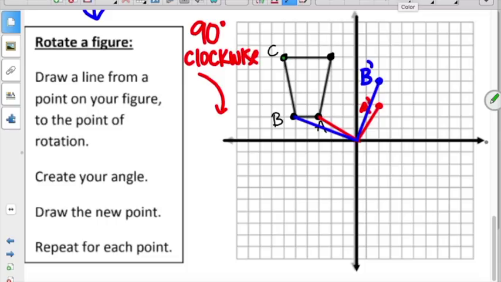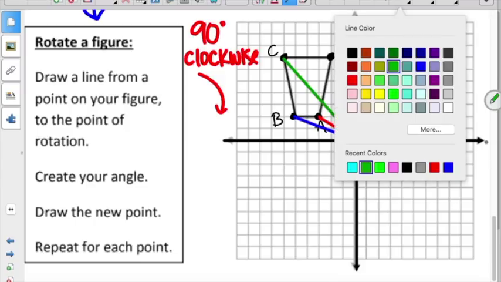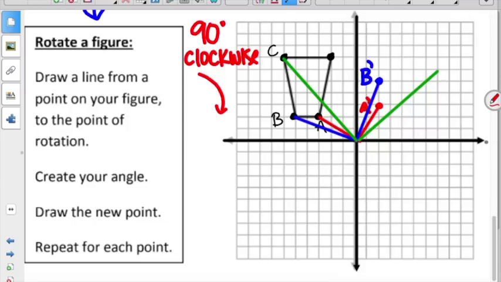And last we're going to do D. D doesn't have a letter for some reason, but we know it's the last one. So we're going to draw a line from that last point down to the origin, create a 90-degree angle, and make our line the same length.